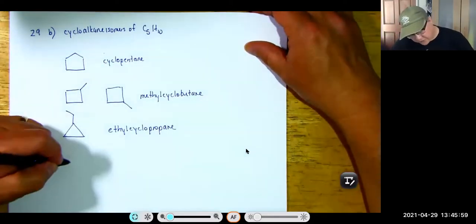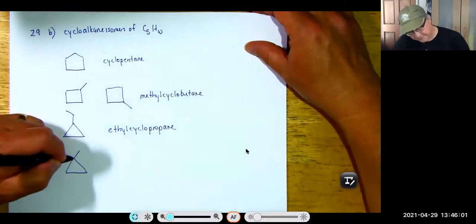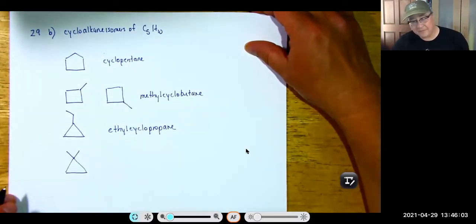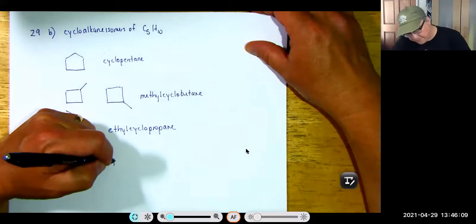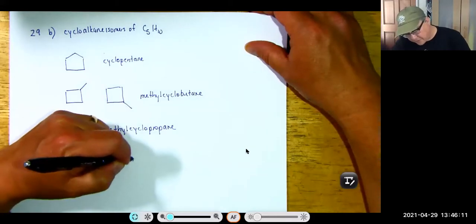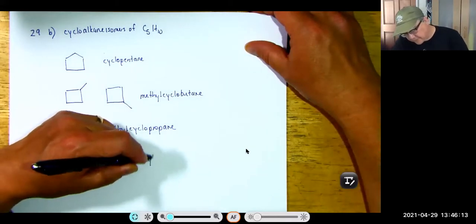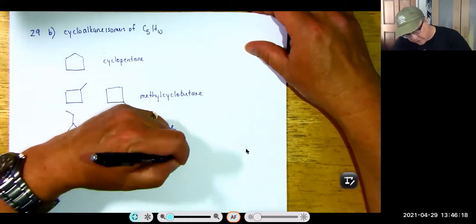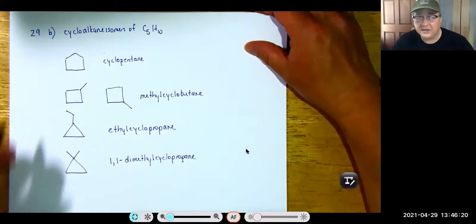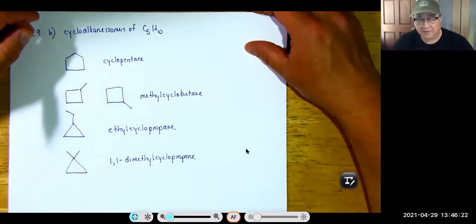Now we could do this. Now this one we have to call 1,1-dimethylcyclopropane. And the reason we have to do that is because there are 2 substituents. They do not both have to be on the same carbon.